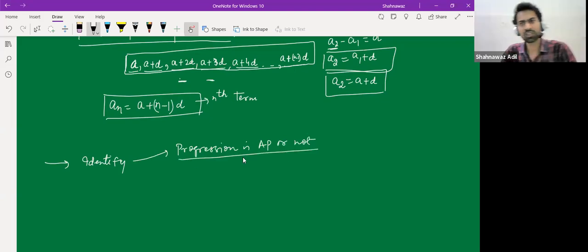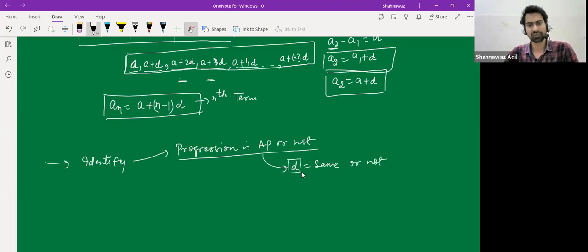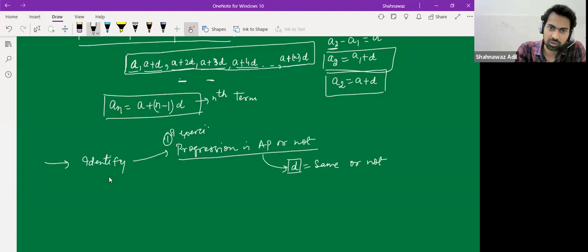The progression will be given, so we just need to find whether D is the same or not. We just have to calculate the successive D, right? So this is about this first exercise. Understood, guys? And the second exercise is about this nth term.